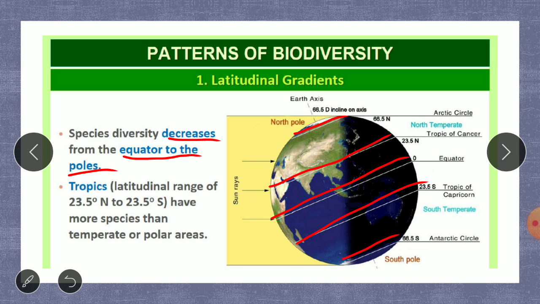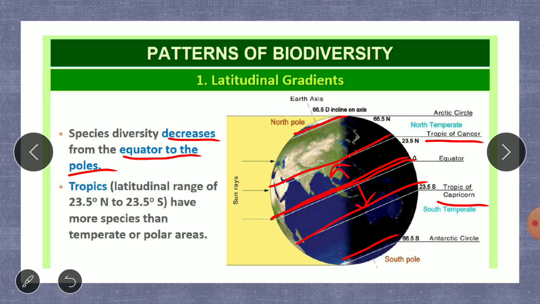There are a few marked latitudes. The center of the earth, which is considered the equator, is said to be 0 degree latitude. A little upwards and a little downwards, at 23.5 degrees, there are distinct latitudes known as the Tropic of Cancer in the north and the Tropic of Capricorn in the south.